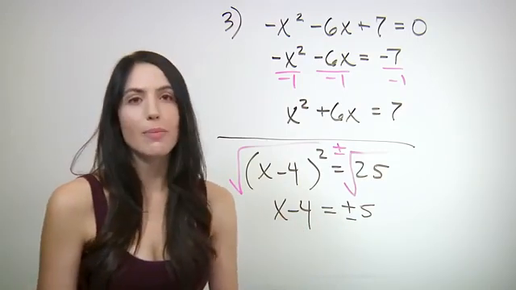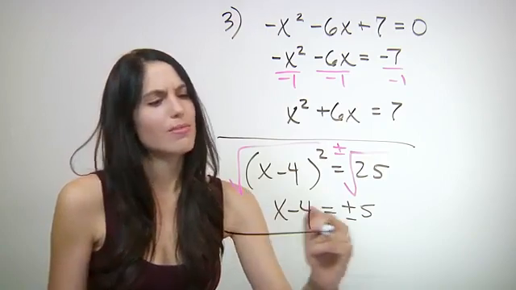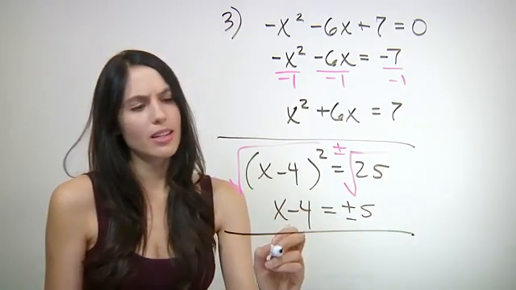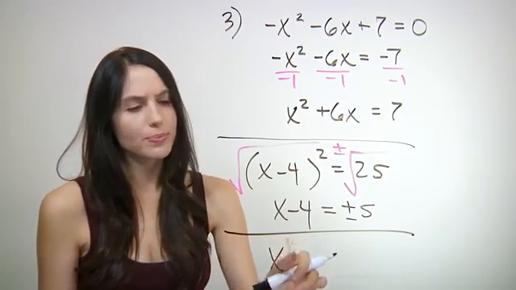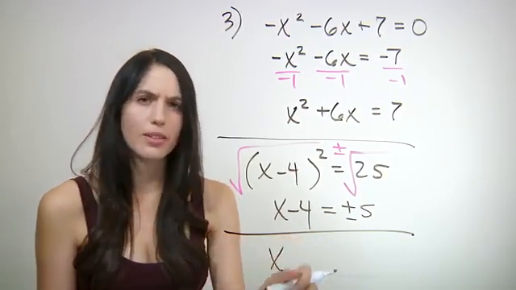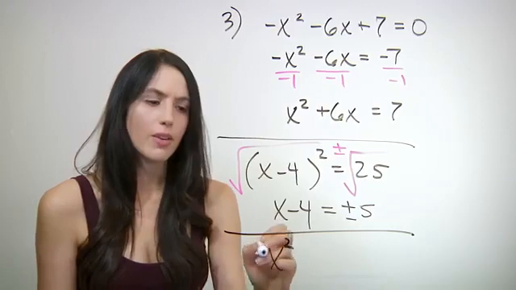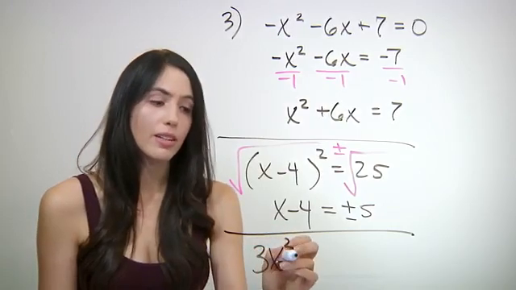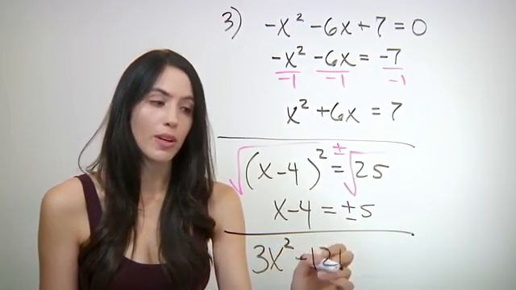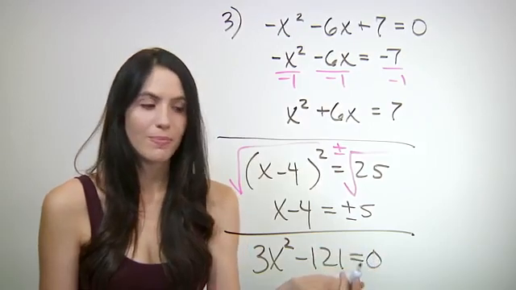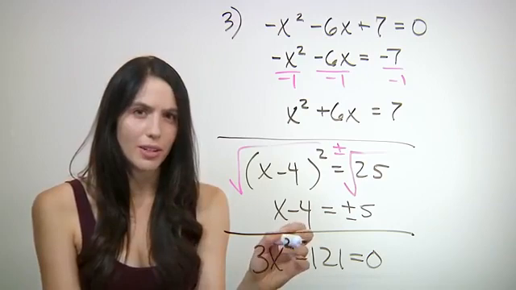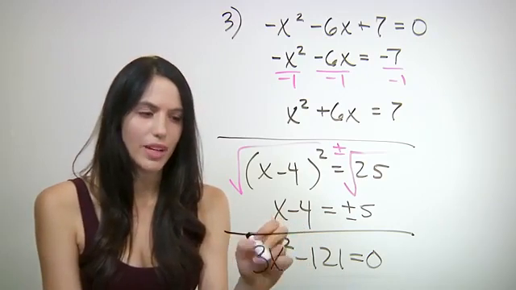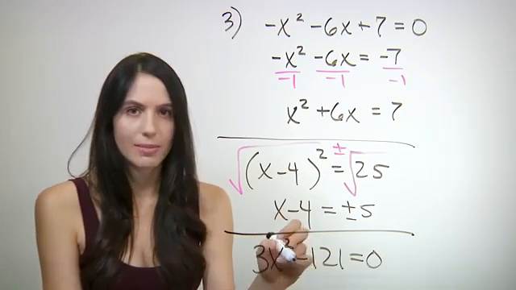Another thing that trips people up is sometimes they think you can complete the square if there's no x term. For instance, if you had 3x squared minus 121 equals 0, if that was your equation, you can't complete the square because you have no x term, such as 3x squared plus 10x minus 121.